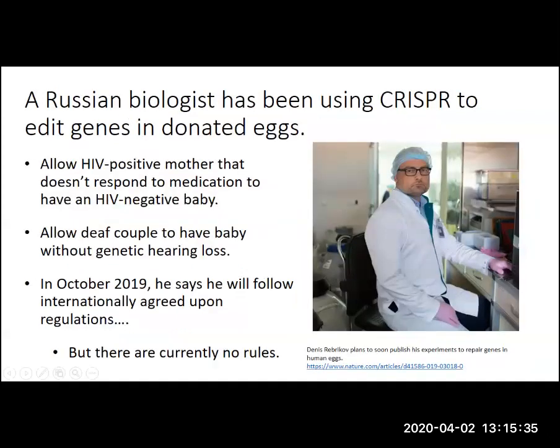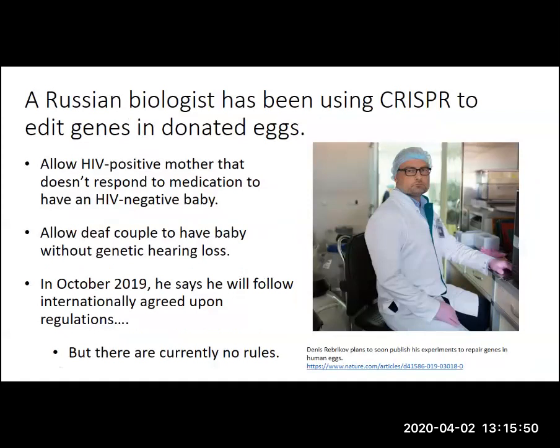One example of this is a scientist, a biologist in Russia that has been using the CRISPR techniques, basically the same type of techniques, to go through and edit genes that have been donated by individuals.